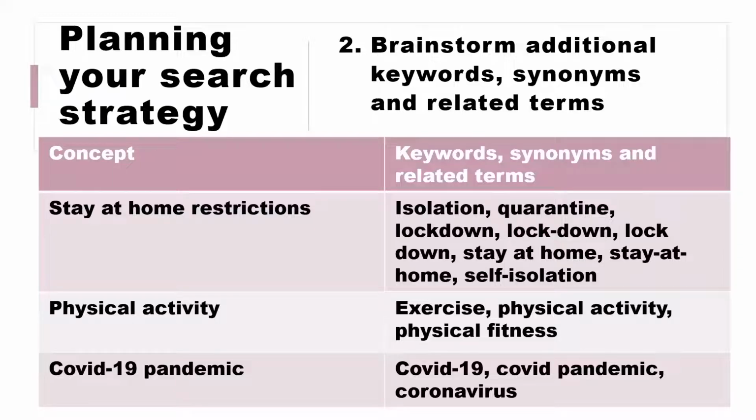But it's important to think about why we need to do this step. Why do we need to brainstorm additional terms? This is to make sure that we don't miss any relevant research papers that address our question, remembering that our goal is to find all the relevant research that addresses our question and meets our criteria.